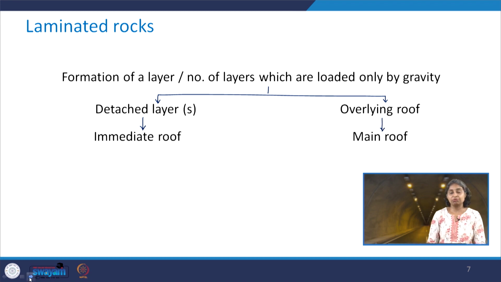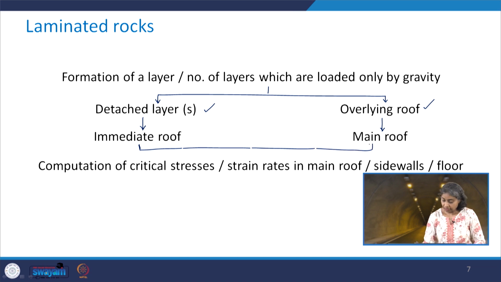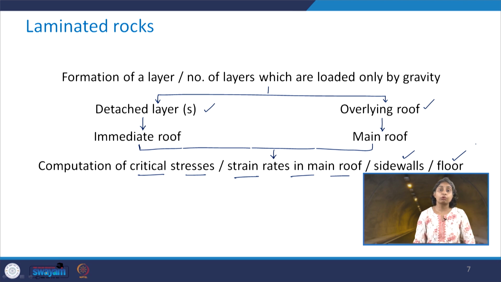I explained to you what exactly we mean by detached layer and overlying roof. Now, for both of these, the computation of the critical stresses or strain rates in the main roof or side walls or floor of the excavation becomes the concern for us.